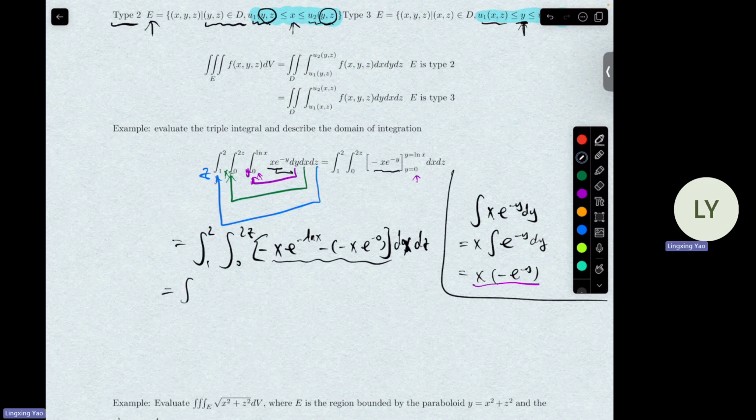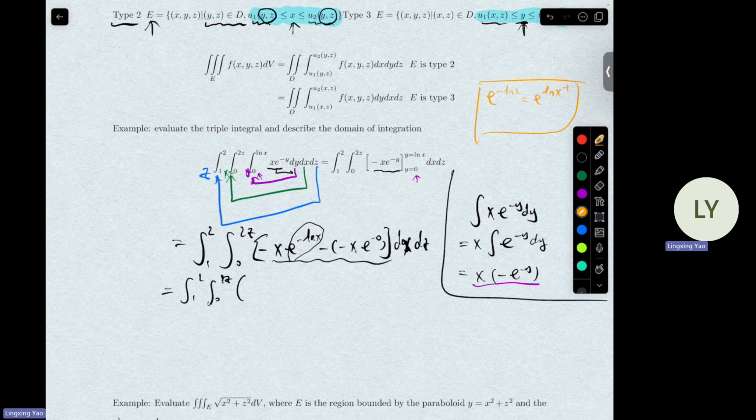Then we can figure this out, with the outer integral from 0 to z. Let's write this piece: e to the negative log x is equal to e to the log x, to the power -1.